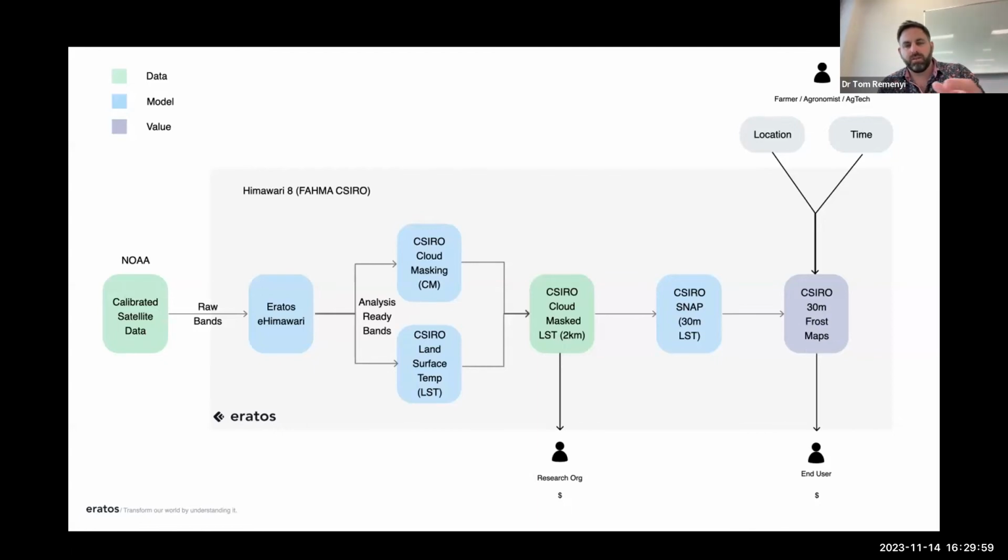Then we combine those two other models together, and you end up with the CSIRO cloud masked LST model, land surface temperature model, at 2 kilometre resolution. This then is an input to CSIRO's SNAP model, which does the frost area, and then we end up with the frost maps. That then gets delivered out to the end users who are farmers, agronomists, or maybe agricultural tech companies.